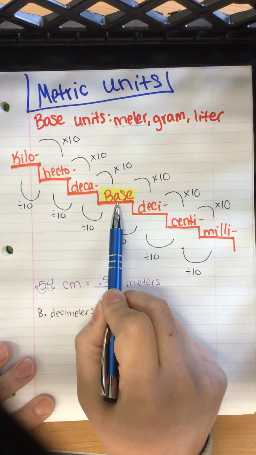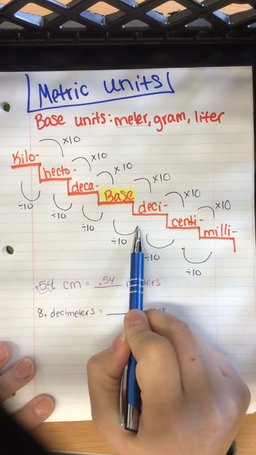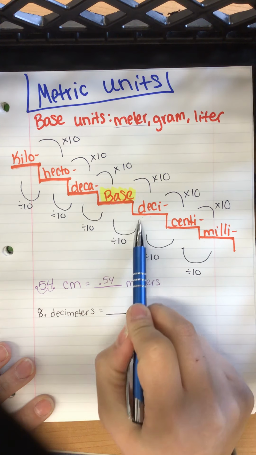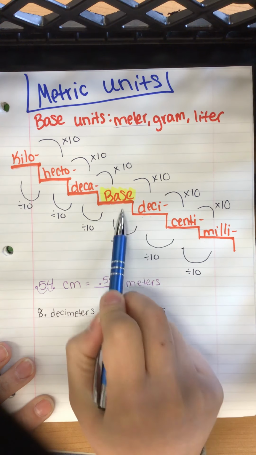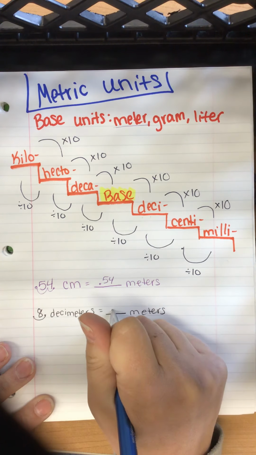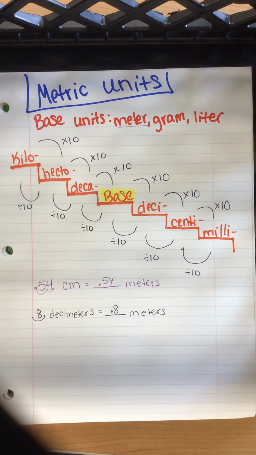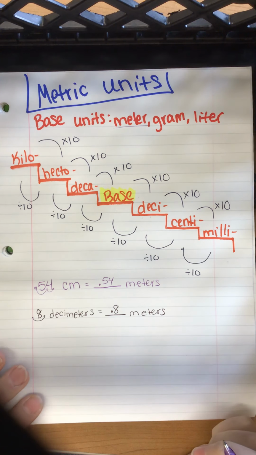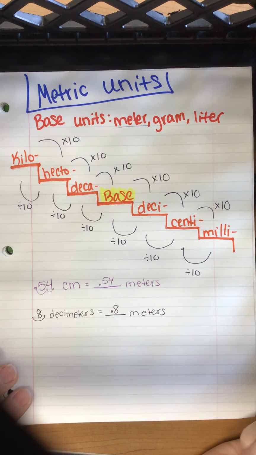Today everything is in meters. And how many places do we have to move? 1. So we're going to take our decimal point, move 1, and we're going to have 0.8. All right? Today seems like the only day we're really going to have a lot of decimals. But tomorrow will be a little bit easier because we're going to be getting bigger.